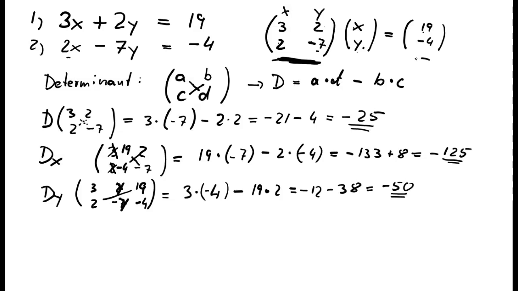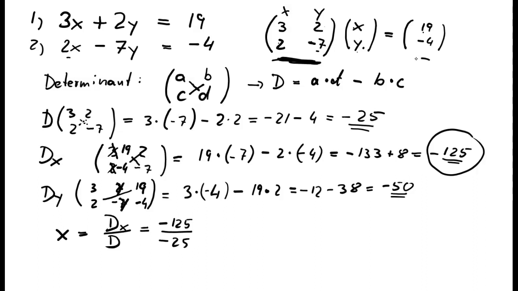And now I can use this information to actually find x, because x is the determinant of x divided by the general determinant, and we've calculated them. So the determinant of x was negative 125. That is what we just calculated. And the general determinant is negative 25.